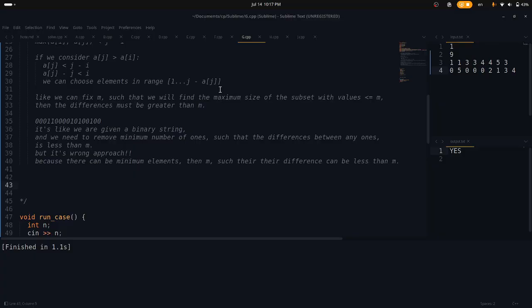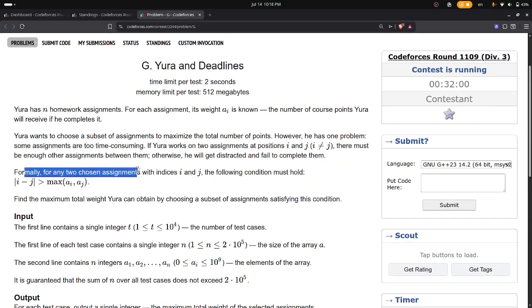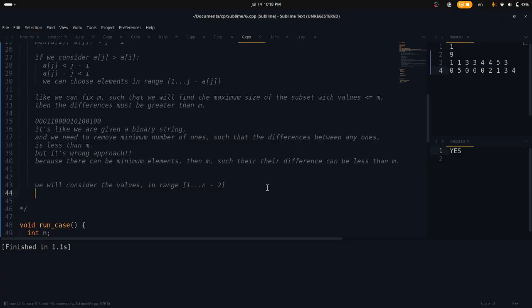So we will consider the values in range 1 to n minus 2, right? Difference must be smaller than that. So all the values which are greater than n minus 2 or equal to 0 are unnecessary.